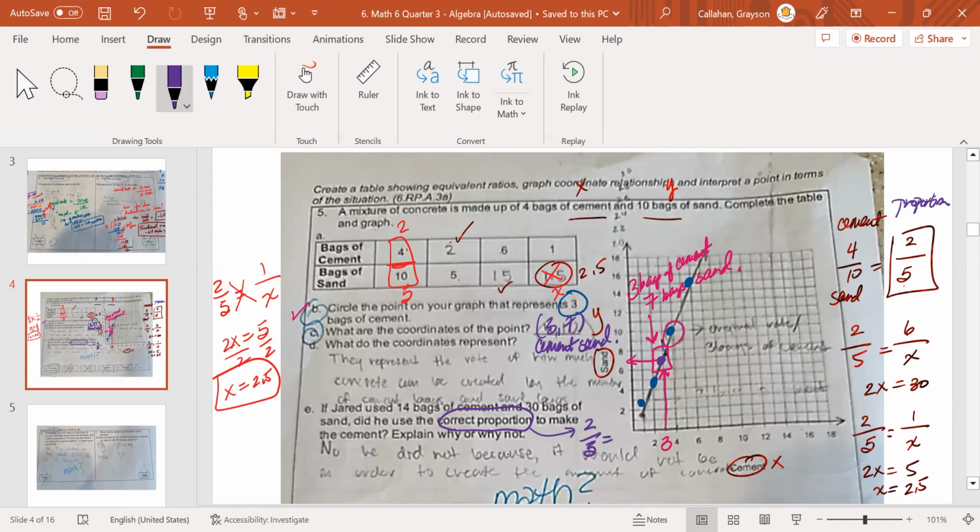If I were to divide that, it's actually equal to 0.4, okay? If he used 14 bags of cement, C goes on top, sand bag goes on the bottom, and 30 bags like that, does this equal 2/5? If it equals 2/5, then he used the correct proportion. Well, let's see. What would you reduce this down to?